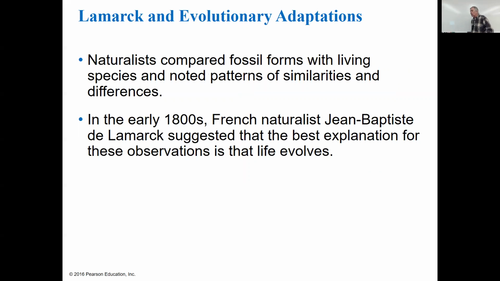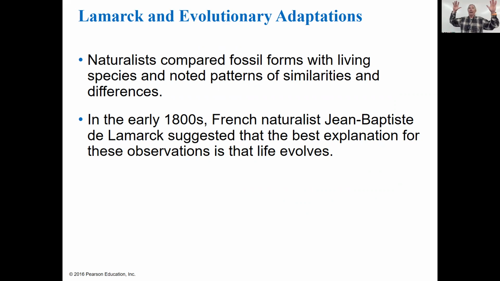So naturalists compared fossil forms to living species and noted patterns of similarities and differences, and some of them are really different. They struggled with this, and then finally, there's one guy, Jean-Baptiste de Lamarck, the first heretic, the first guy who suggested that maybe organisms weren't specially created and put on Earth by God, but came from other organisms, that they evolved from other organisms.